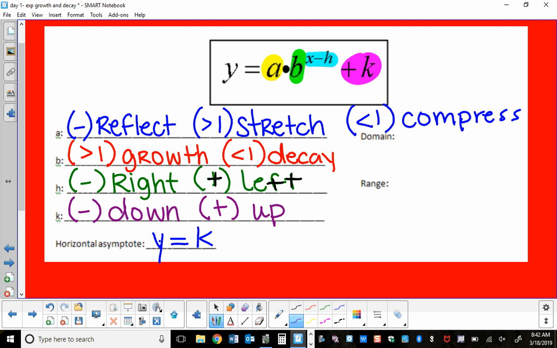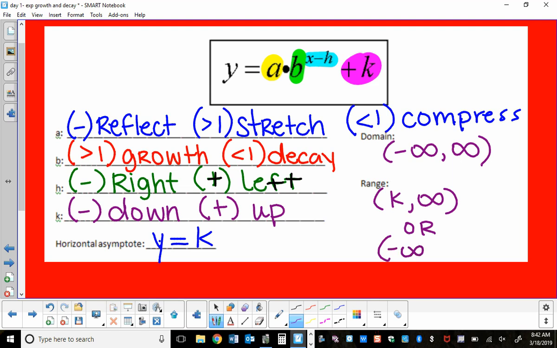For these problems, your domain will always be negative infinity to positive infinity, because my graph is going to keep going from left to right. It may not look like it, but it is continuously going. The part here that's new is your range. Your range is going to go from your asymptote to positive infinity, or you're going to write negative infinity to your asymptote.